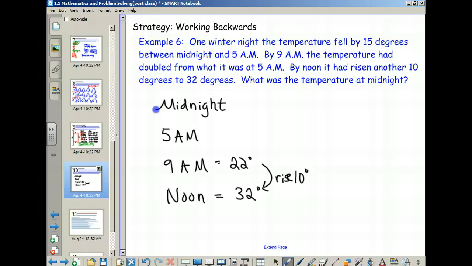Now what happened between 5 and 9? Well, it said by 9 a.m. the temperature had doubled from what it was at 5 a.m. So it's 11 degrees at 5 a.m. because from here to here it's supposed to double. And then it says from midnight to 5 a.m. the temperature fell by 15 degrees.